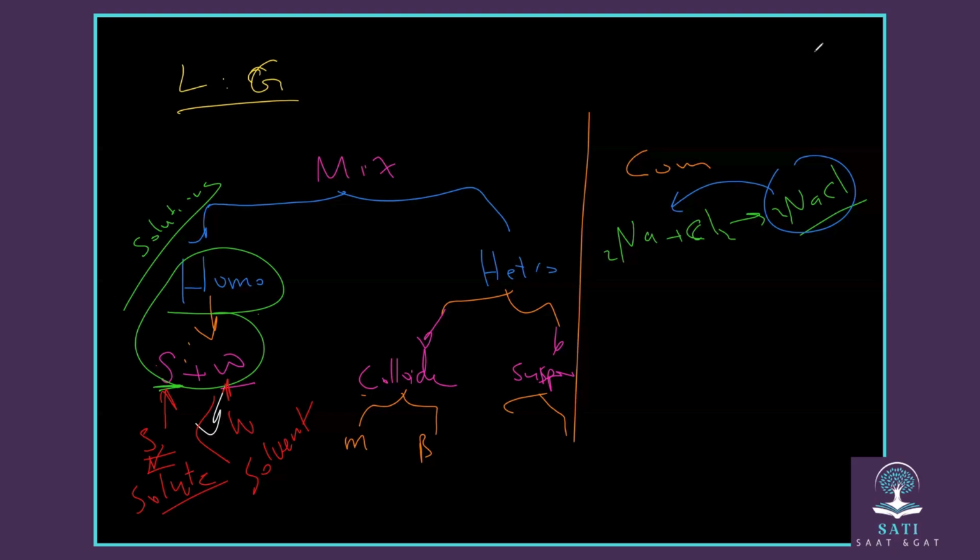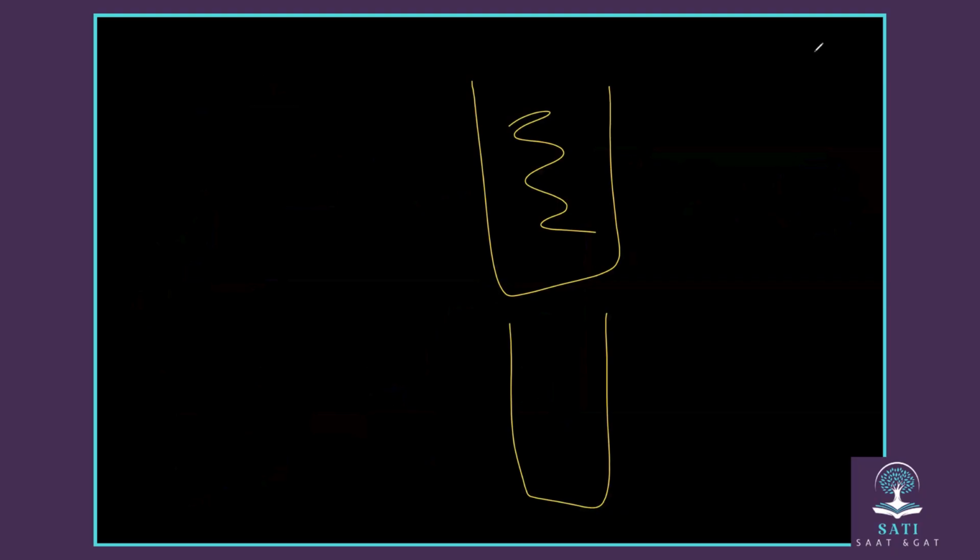We need to know just two more points about mixtures. Here, if we have water in a transparent container, and another transparent container that has milk, so this one is milk and this one is water.